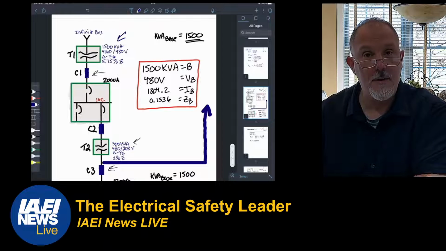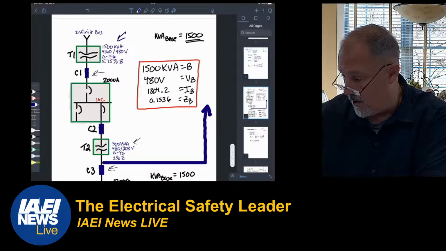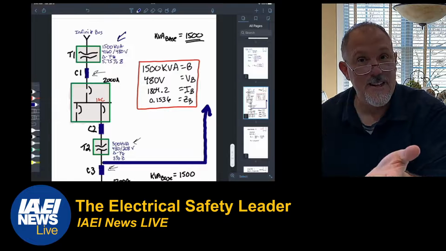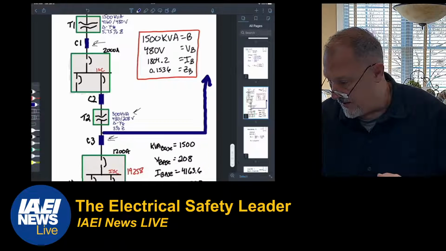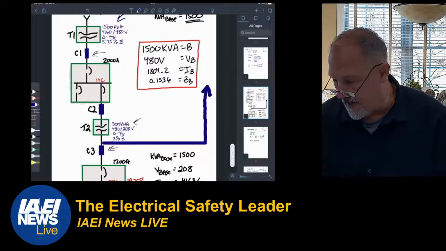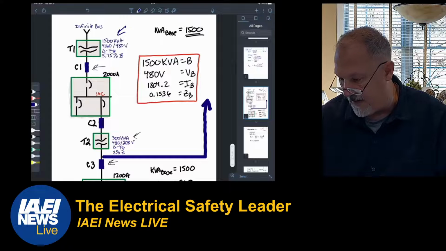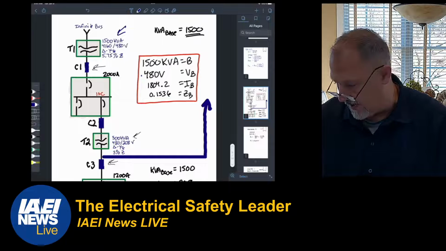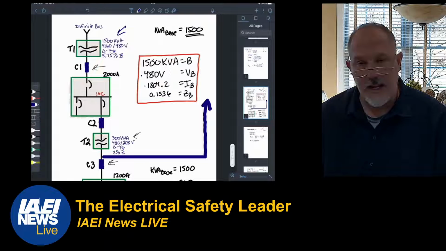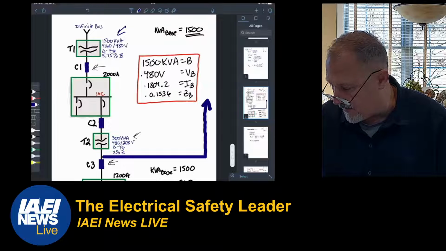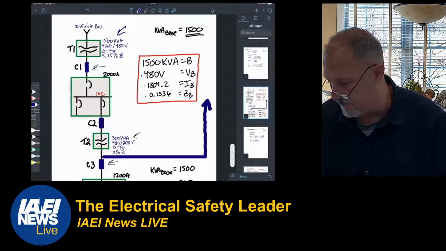But it's based upon the kVA base of the transformer, which happened to be the same kVA base that I picked. So all of my base values for the 480 volt side are going to be based upon 1500 kVA, a 480 volt base. I get an I base of 1804. I get a Z base of 0.1536.